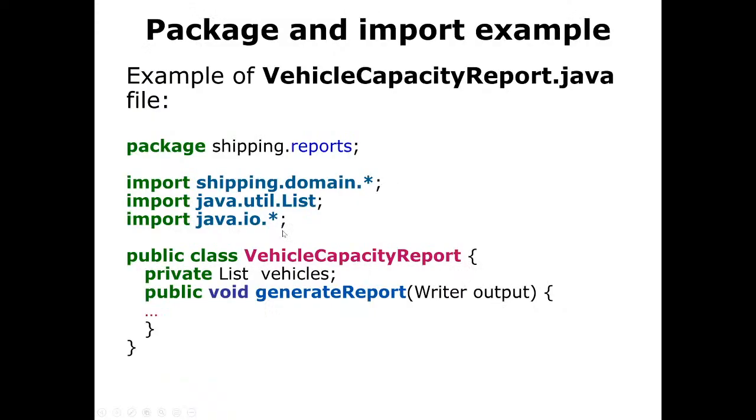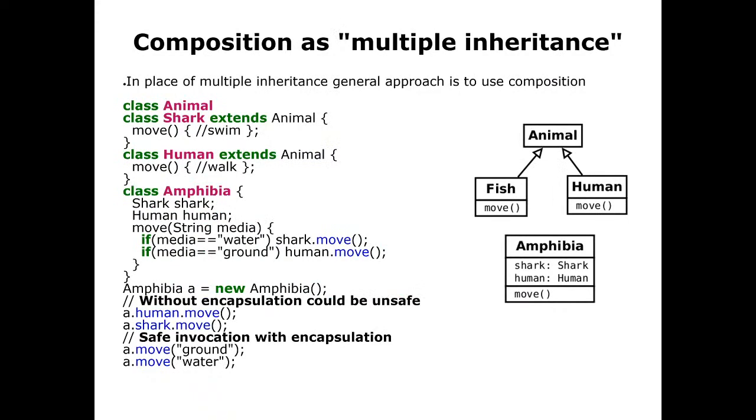That's the idea, but again, without encapsulation, it could be unsafe. For example, you have the class amphibia used somewhere, and it has two parameters.